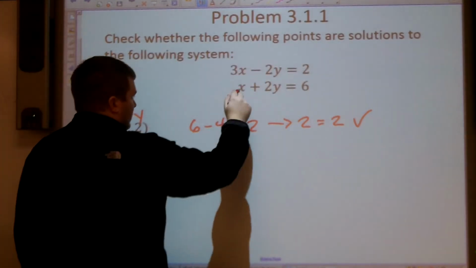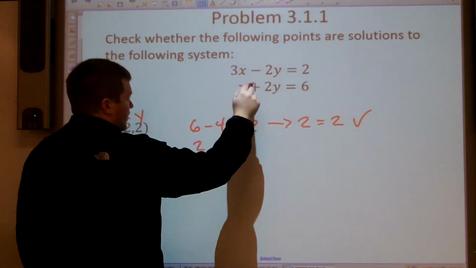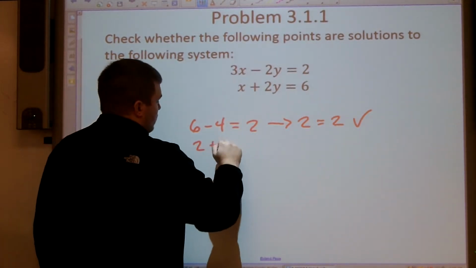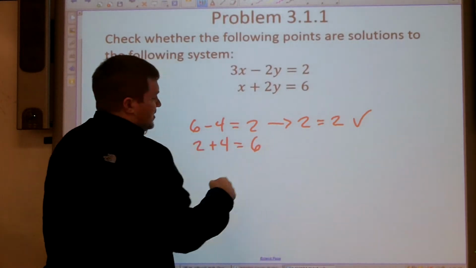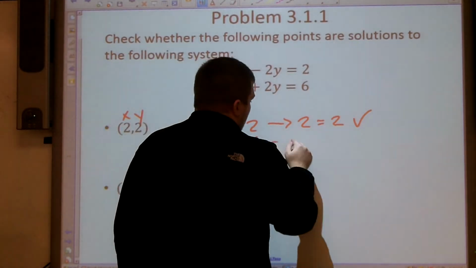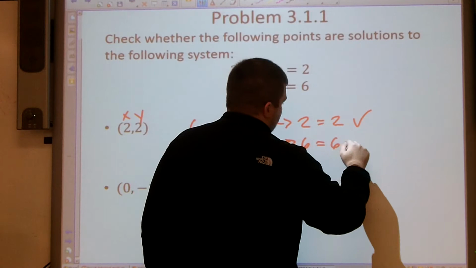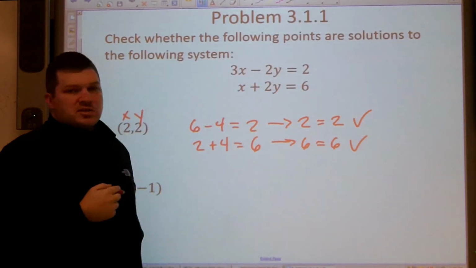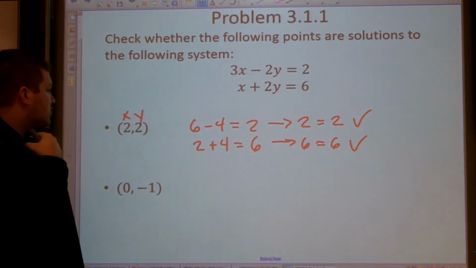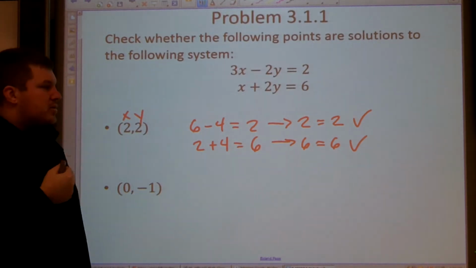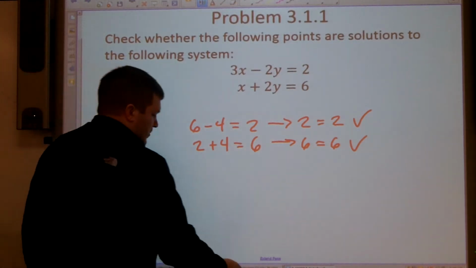Now for the bottom equation, everywhere I see an x, I put in a 2, everywhere I see a y, I put in a 2, so I have 2 plus 4, and that's supposed to be equal to 6. Simplifying down, we do find that we have 6 is equal to 6. So both equations in our system are satisfied by that ordered pair 2, 2. So 2, 2 is part of the solution set. So yeah, that point works.